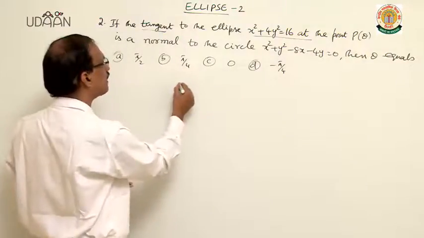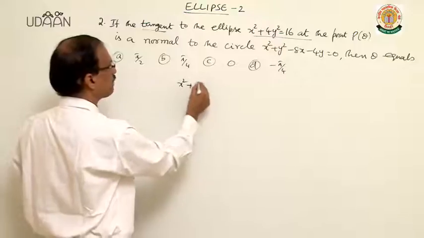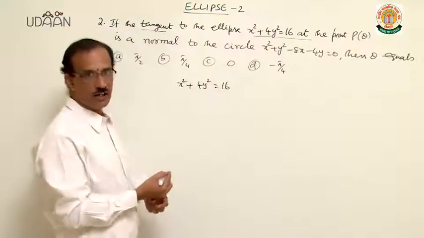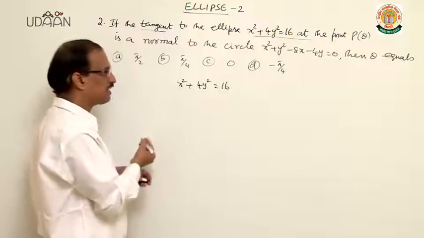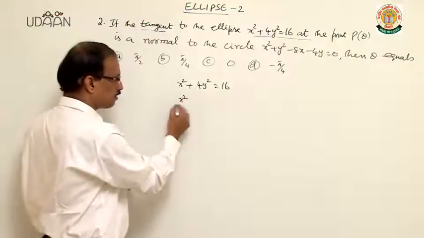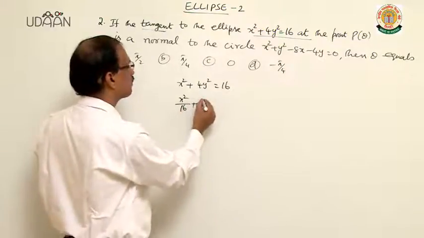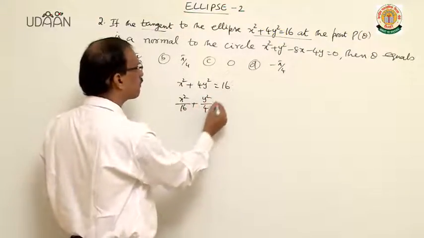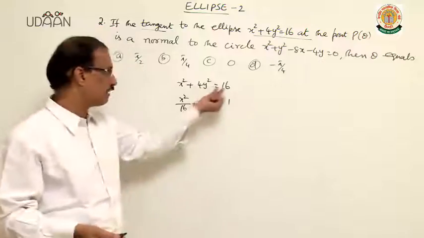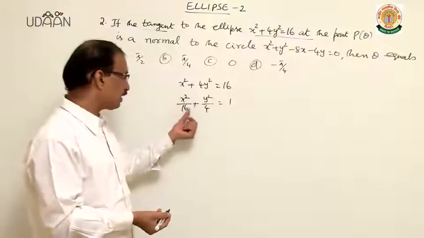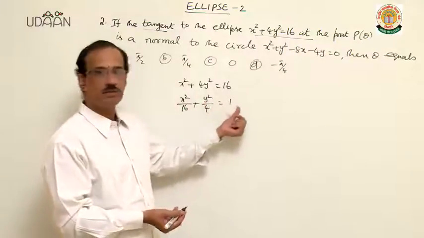The given ellipse is x square plus 4y square equal to 16. Can you modify this into the standard form? We can. This can be written as x square by 16 plus y square by 4 equal to 1 if you divide by 16. So now you get x square by a square plus y square by b square equal to 1.